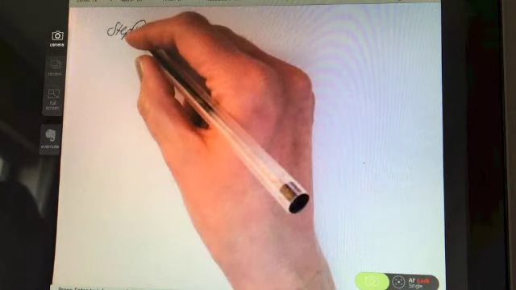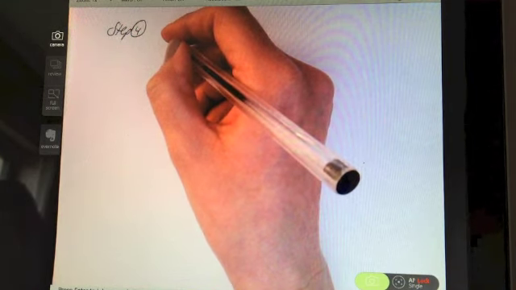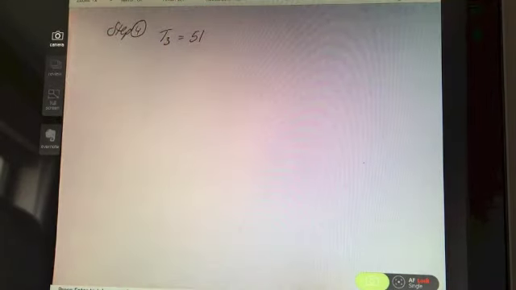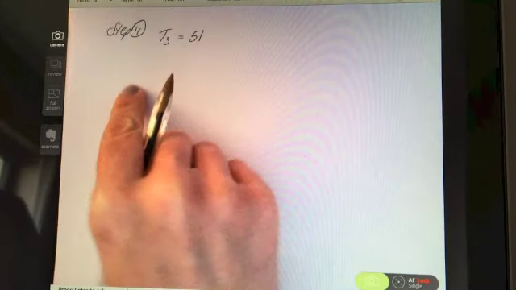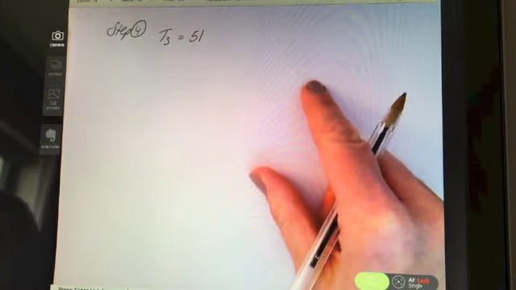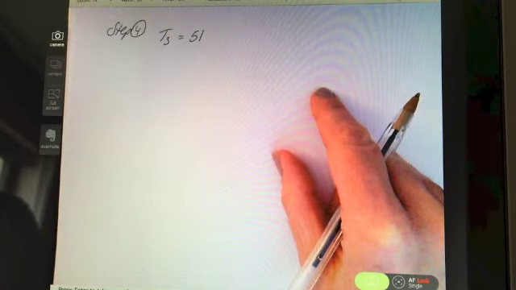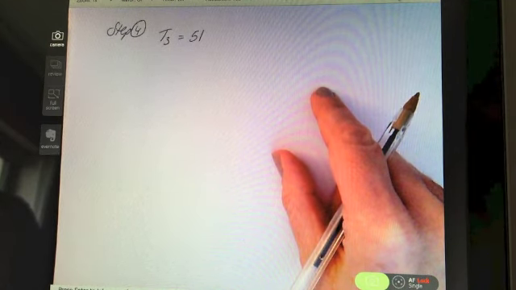So in my step 4 with a cubic sequence, I'm going to get some more information from my sequence from the start. So I'm going to go to the third term now. And I know that the third term is 51, so I'm going to use this now to generate another equation for myself in B, C, and D. Then what I will have is 3 equations with 3 unknowns, and I'll be able to solve them simultaneously.